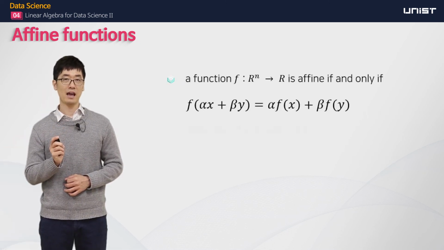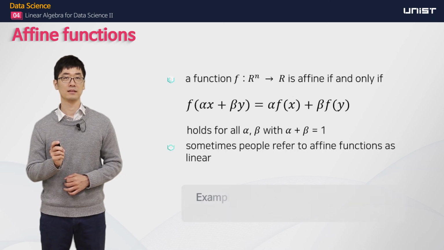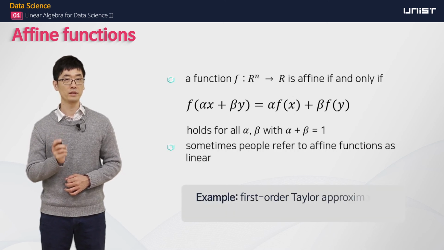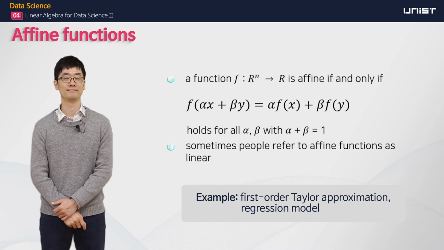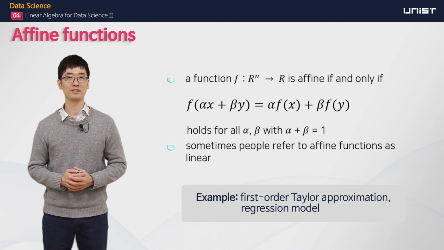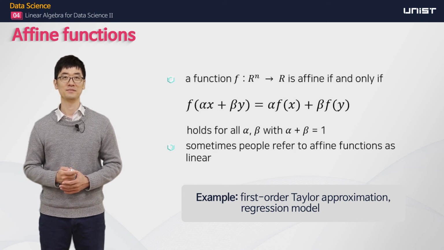So a function f is affine if and only if the superposition property holds for all alpha and beta with alpha plus beta equal to 1. And sometimes people refer to an affine function as linear.